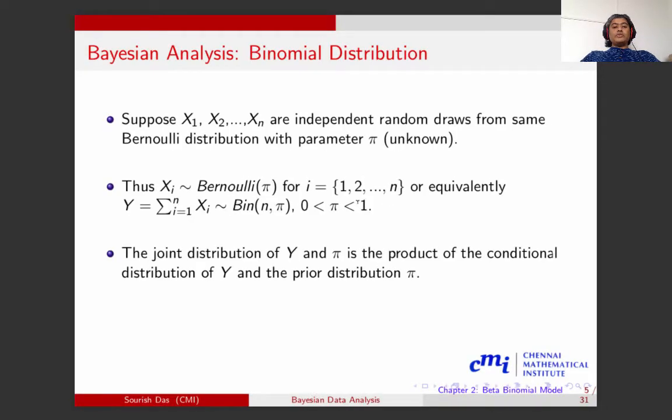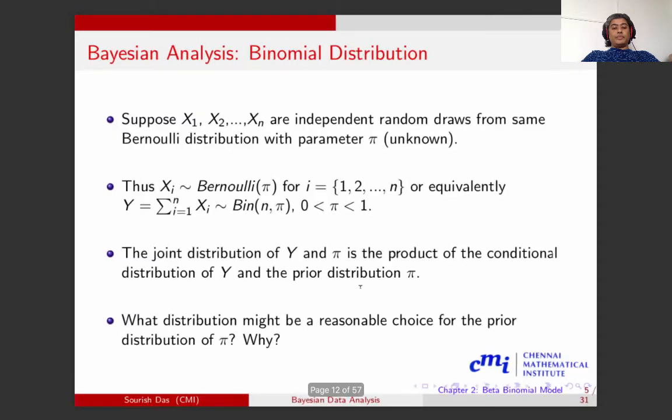The joint distribution of y, so y is my observed data, and we know that y is a sufficient statistic for x1, x2, ..., xn, and pi is the unknown quantity. So it is the product of the conditional distribution of y and the prior distribution of pi. What distribution might be a reasonable choice for the prior distribution of pi and why?